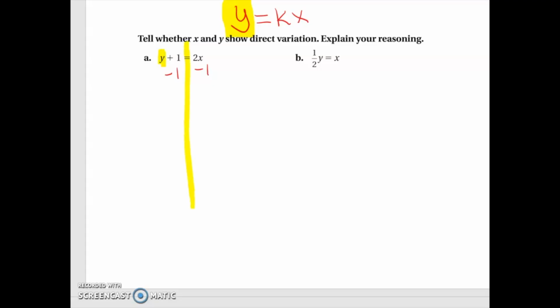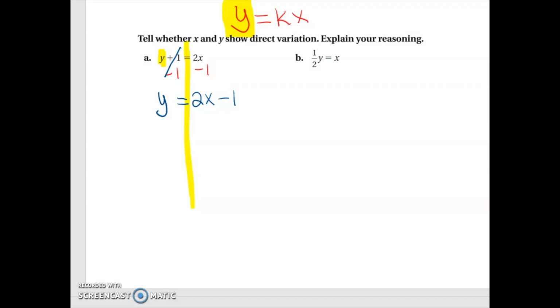Now this is where it gets a little bit tricky. Our 1's cancel out, and we have y equals. Now this is different than chapter 3 because these are not like terms, so we cannot combine them together. So we just write them next to each other, 2x minus 1.